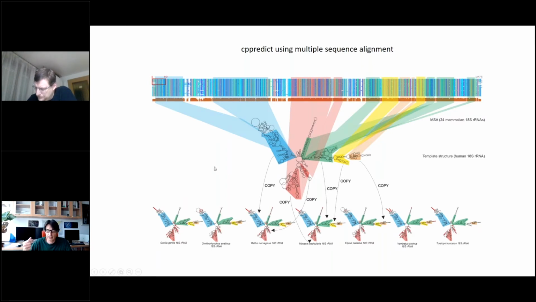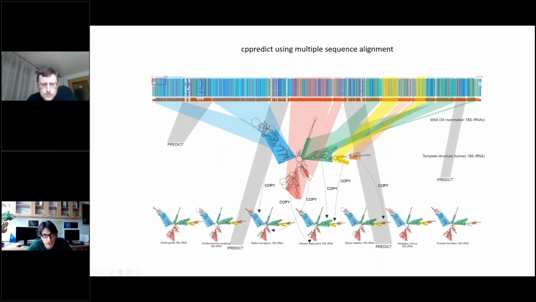For the inconsistent blocks, which contain dissimilar sequences that code for dissimilar structure segments, as in this case this segment, this one, and that one, the structures differ even in similar species, perhaps because of their function or something specific to a species.